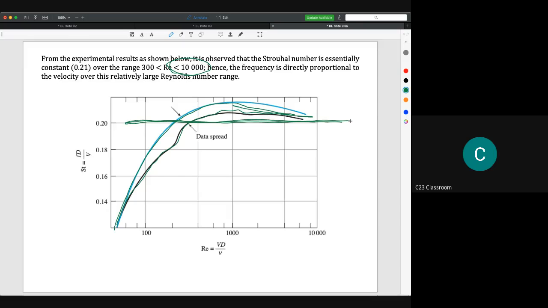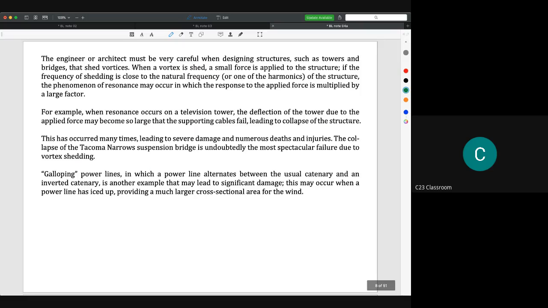Okay, so this is the explanation. The engineer or architect must be very careful when designing structures such as towers and bridges that shed vortices. When a vortex is shed, a small force is applied to the structure. If the frequency of shedding is close to the natural frequency or one of the harmonics of the structure, the phenomenon of resonance may occur, in which the response to the applied force is multiplied by a large factor.